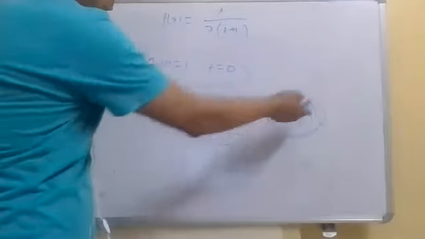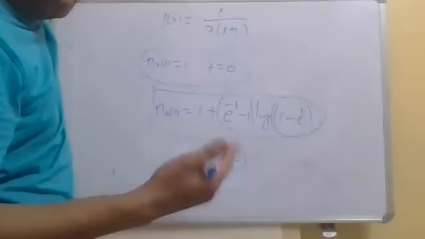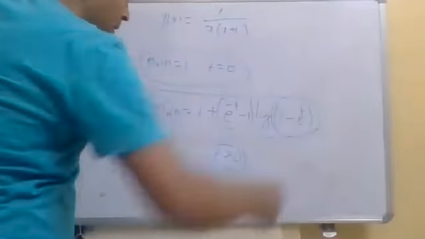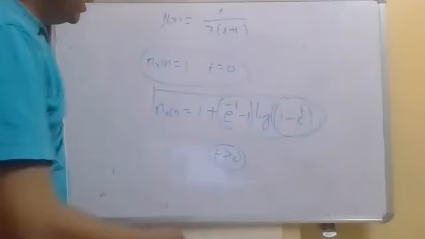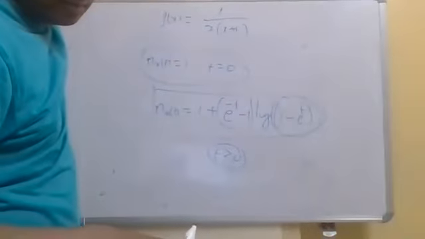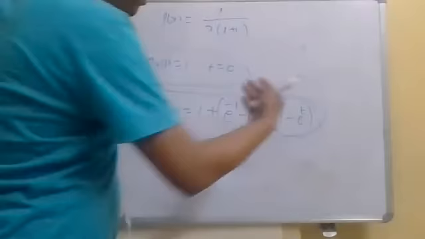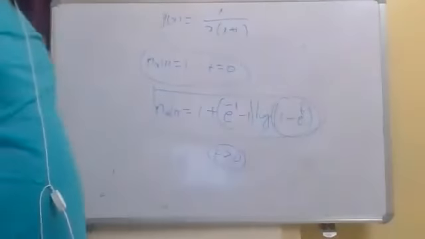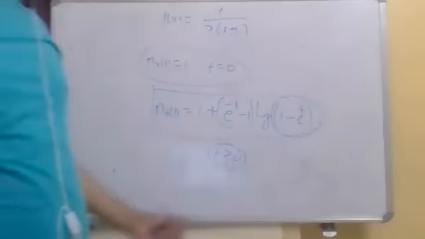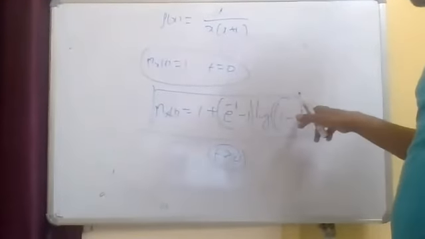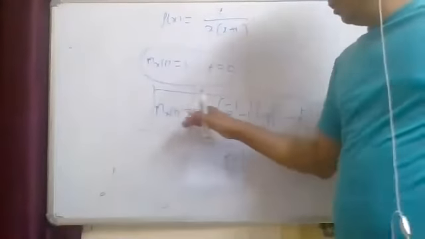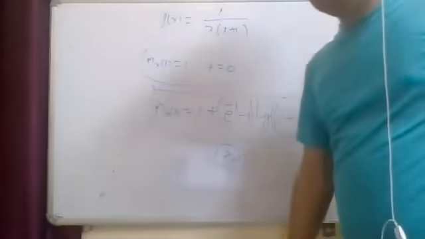If t is greater than 0, it will be negative, so the log value does not exist. So you can say the moment generating function will not exist for t greater than 0, but for t less than 0 it will exist. But the moment generating function will not exist at t equal to 0, when you put t equal to 0.